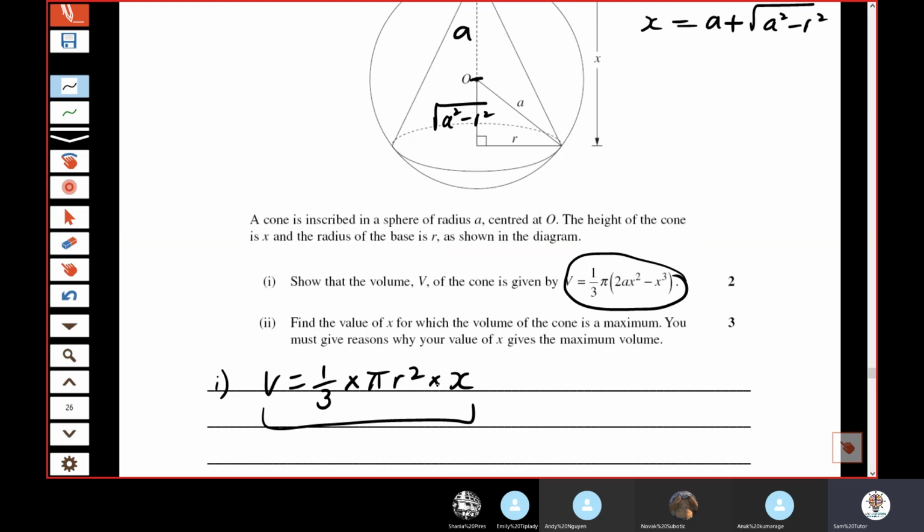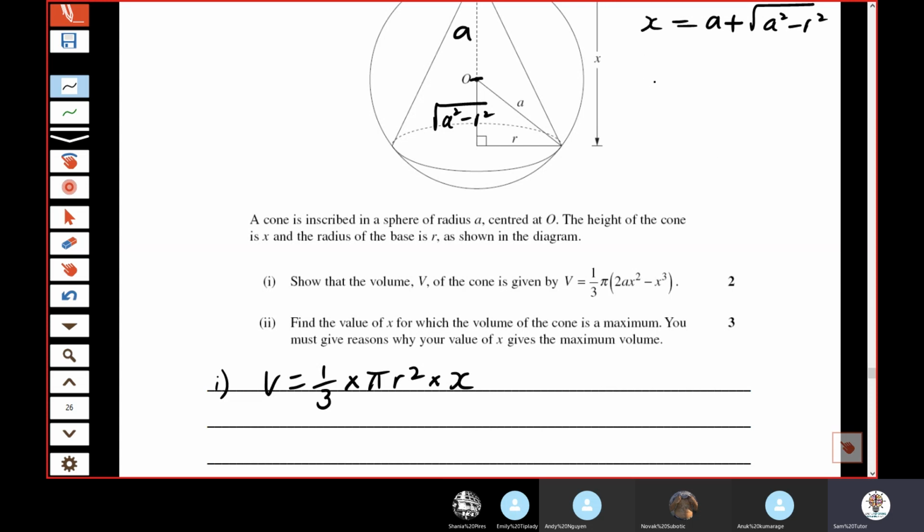So wrong one. Again, look at this. What letter am I going to rearrange and find? There's an r here. There's no r here. That's the giveaway, not the x. x is already in the equation. So you're going to make r the subject.